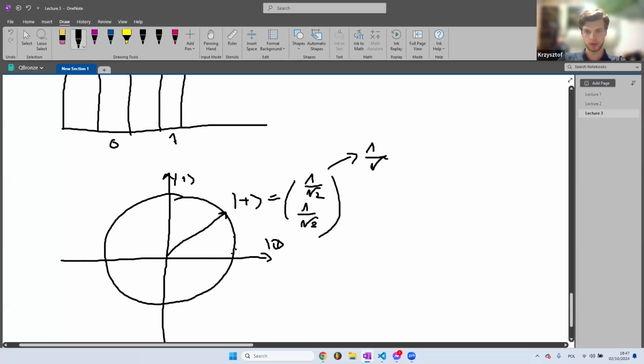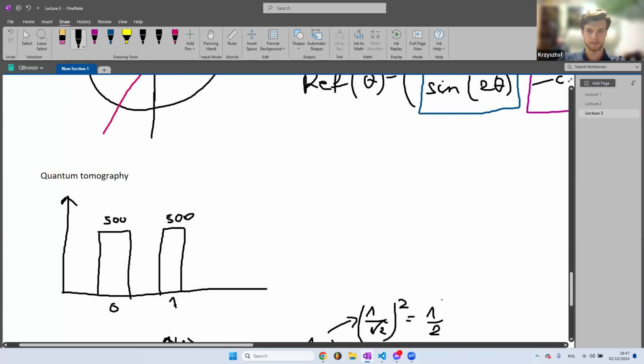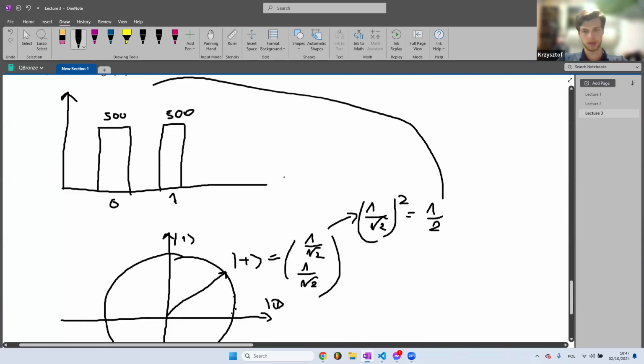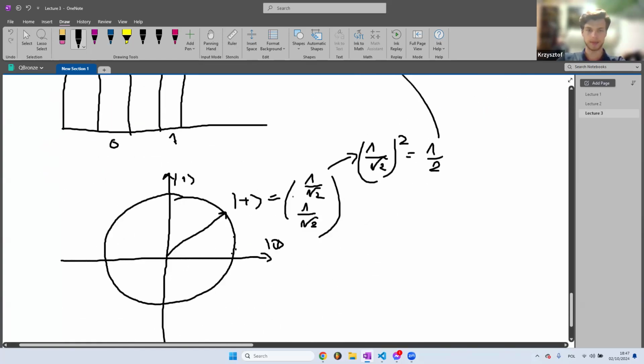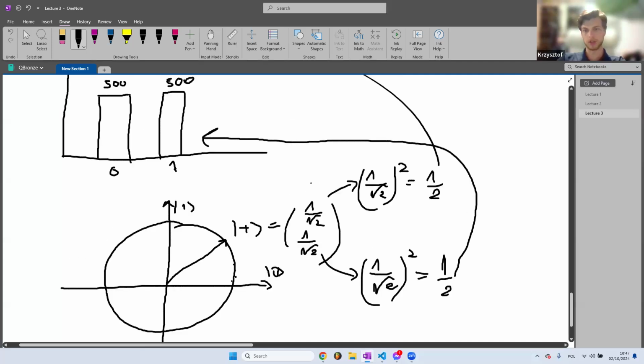So 1 over square root of 2 squared, which is equal to 1 over 2. And this matches our statistics and the distribution, but also this value of the probability of measuring the one state is also 1 over square root of 2 squared, which is 1 over 2, and also matches our probability distribution.